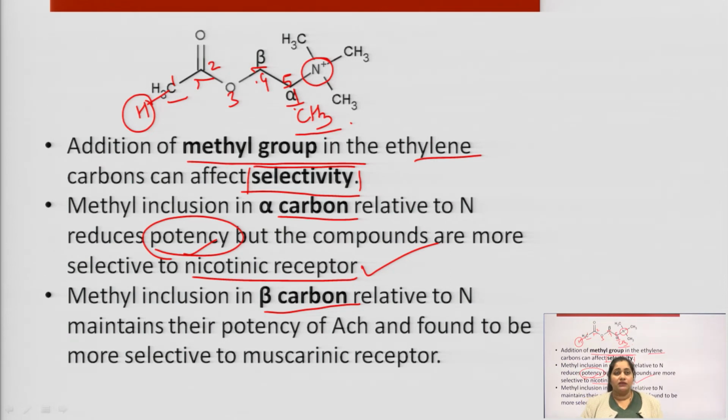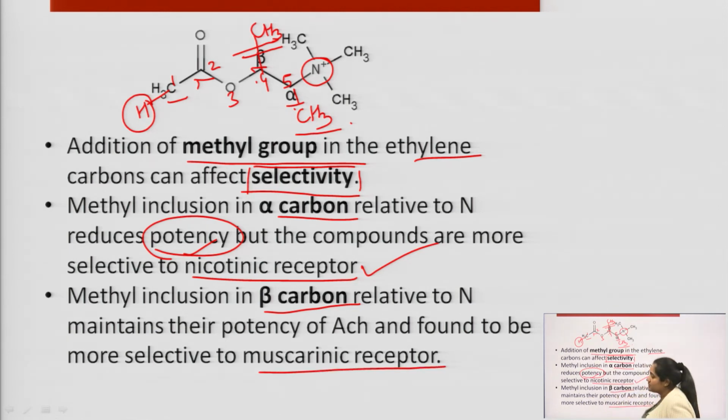Similarly, if the methyl group is introduced at the beta position, that will increase the selectivity towards the muscarinic receptor. So, in this 2 carbon chain bridge, any addition of a methyl group will definitely affect the selectivity of that compound.